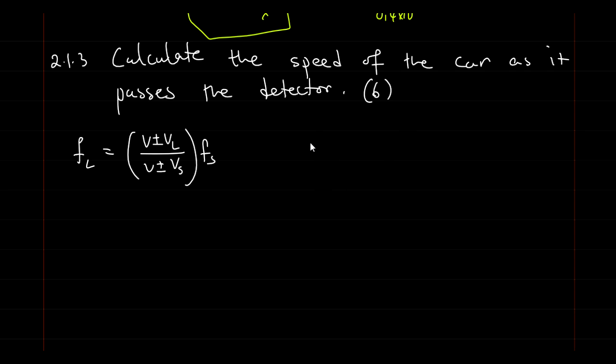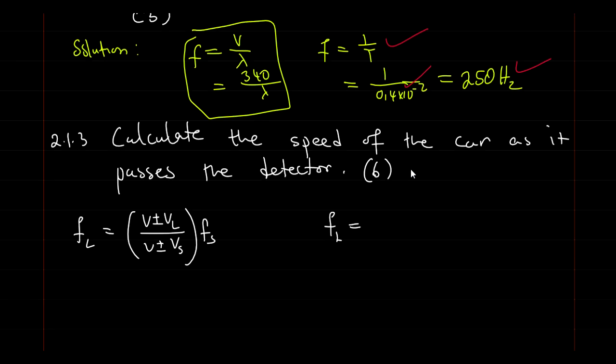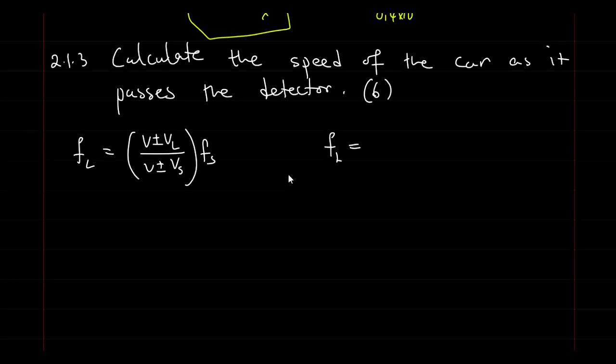We have the frequency of the listener, which is the frequency observed by the detector as the car was moving away from the detector, which is the one we just calculated in the previous question. So now let's name it FL2, and then we say FL2 is 250 hertz.